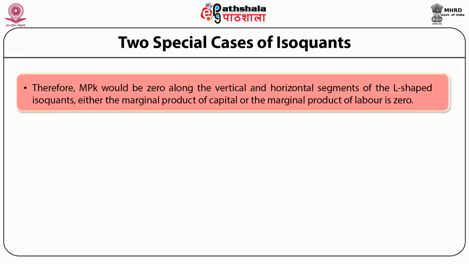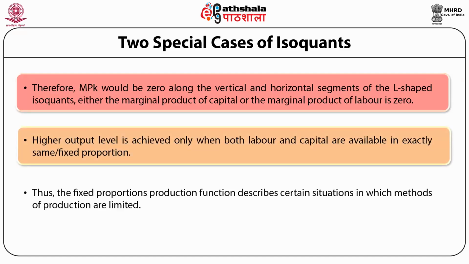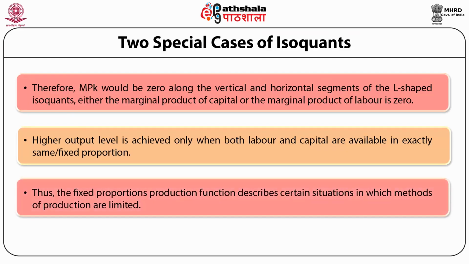Therefore, MPK would be 0 along the vertical and horizontal segments of the L-shaped isoquants. Either the marginal product of capital or the marginal product of labor is 0. Higher output level is achieved only when both labor and capital are available in exactly the same or fixed proportion. Thus, the fixed proportions production function describes certain situations in which methods of production are limited.